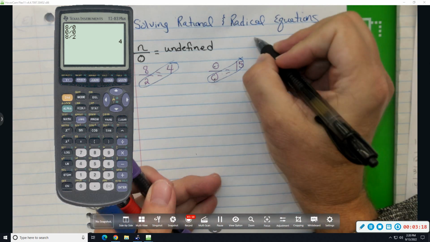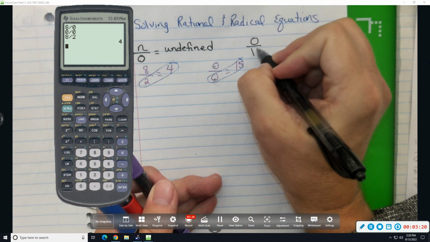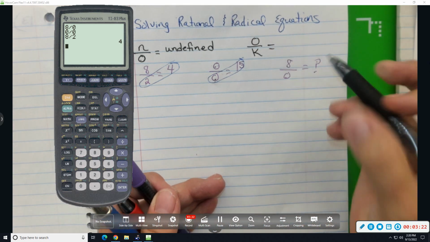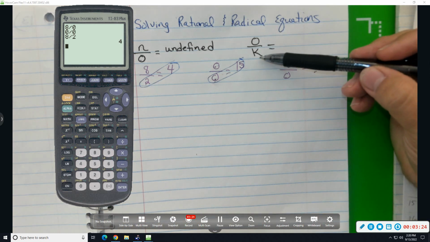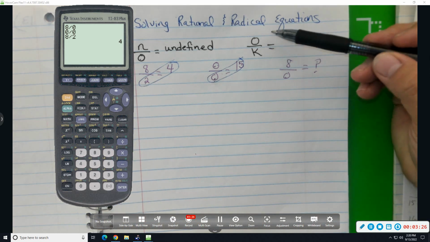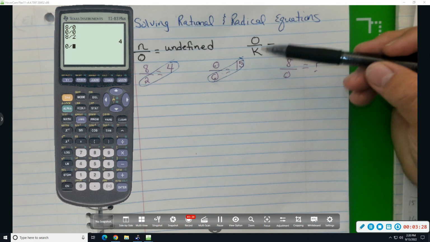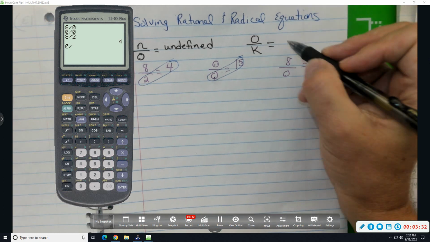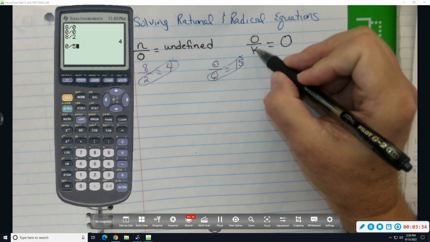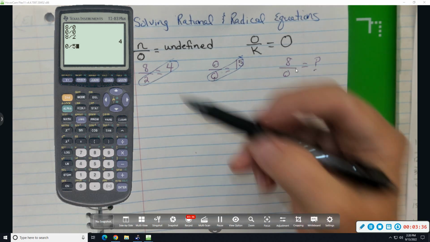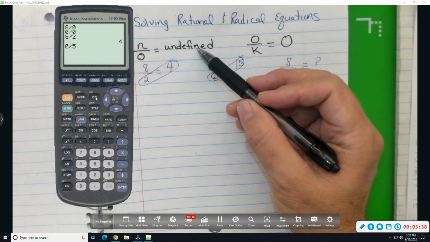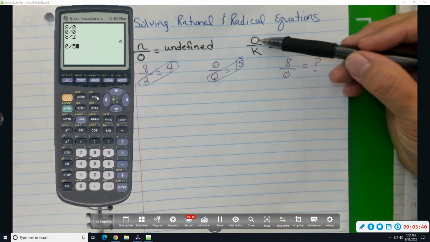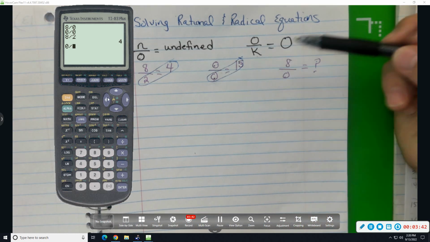Suppose you have 0 divided by a non-zero constant k. 0 divided by some number other than 0. What does that say? It's okay to have a 0 up on top like that. That's equal to 0. 0 times k gives you 0. So a number over 0 is undefined, but if you just have the 0 on top and nowhere else, that's okay.